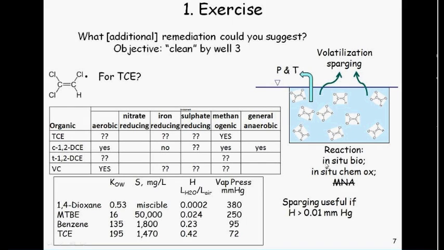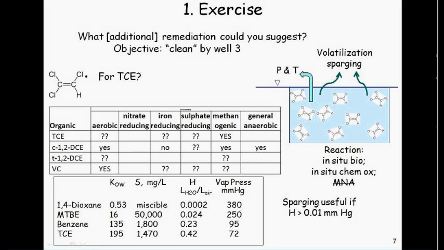Reaction, in situ biological. Well, we look at TCE and we see, yes, under extremely anaerobic conditions, it degrades. So we could try to create those conditions by adding an electron donor like acetate or almost any organic matter, and turn the system extremely anaerobic. That has a disadvantage, of course, of making the aquifer very smelly and mobilizing metals.